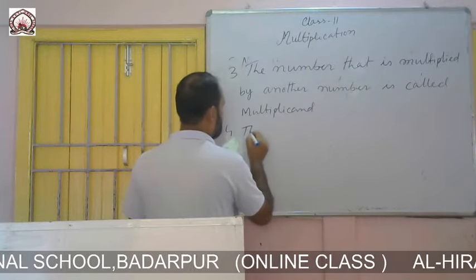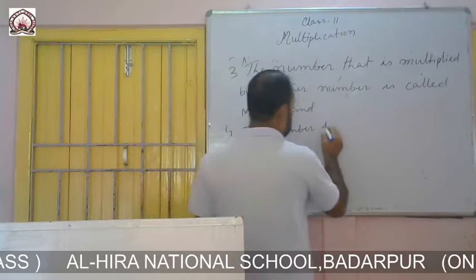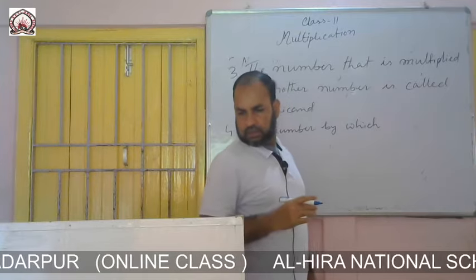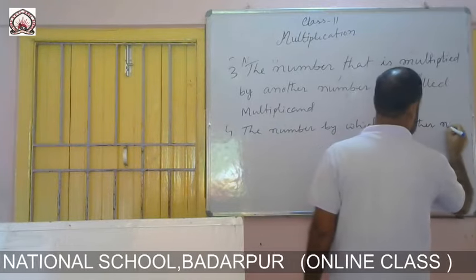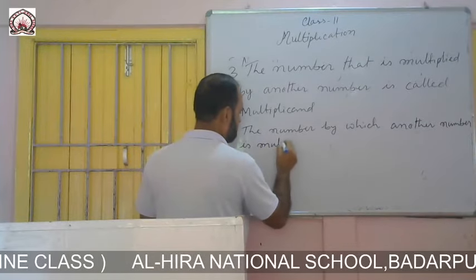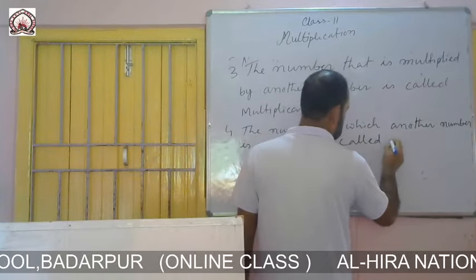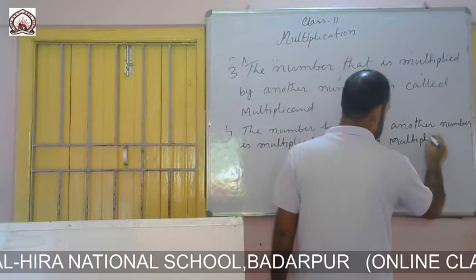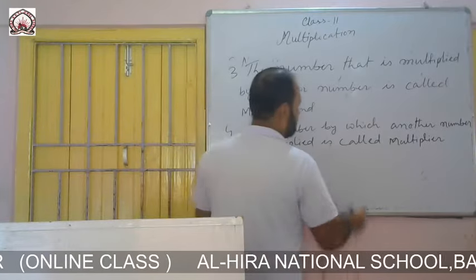Number 4. The number by which another number is multiplied is called multiplier.